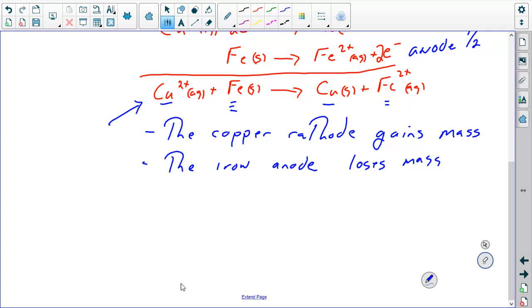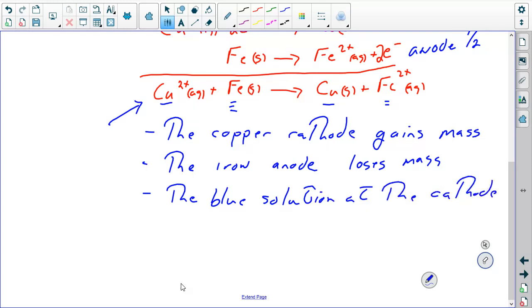What's going to happen to the color? It's going to decrease. We'll say it this way: the blue solution at the cathode becomes less intense. So instead of saying it, we just say the color becomes less blue or less intense. Now, does this happen automatically or right away? No, it happens over time.